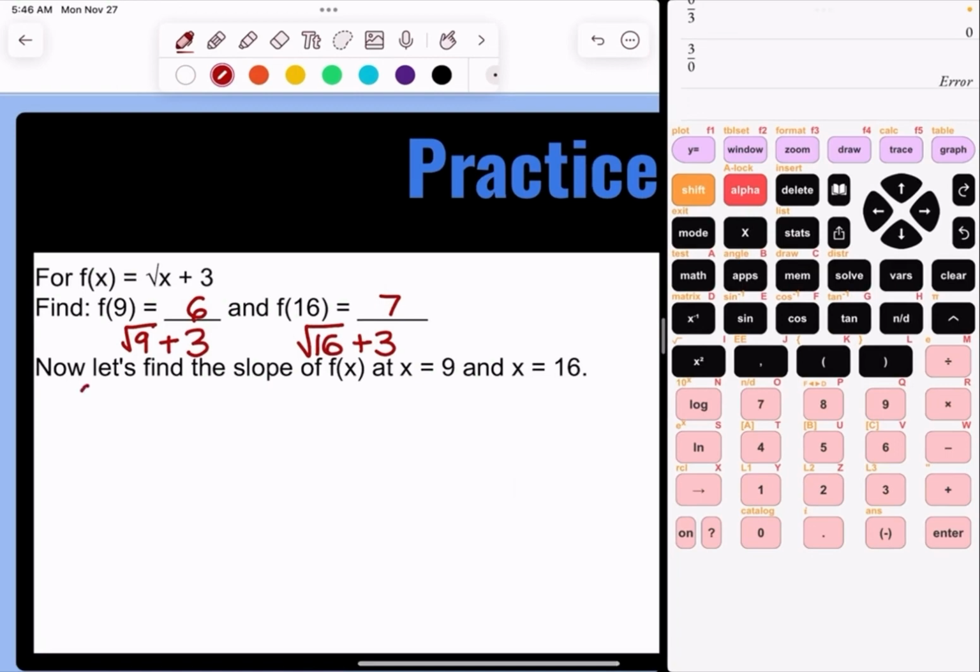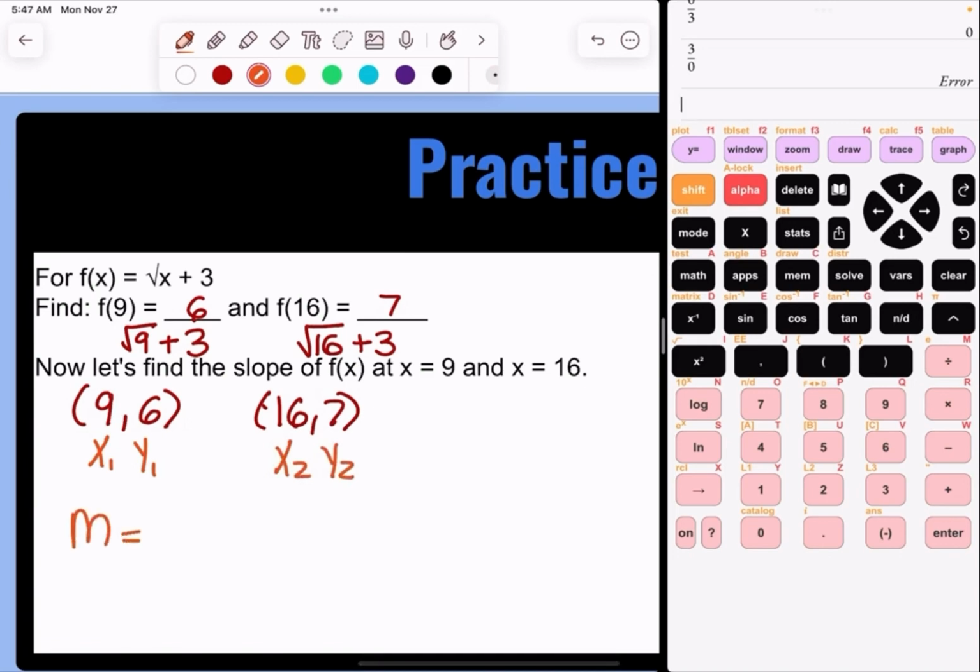So the first one would give us 9, 6, and the second one would be 16, 7. And let's label these x1, y1, x2, y2. Our slope formula is m equals y2 minus y1 over x2 minus x1. So y2 is 7 minus y1 is 6.